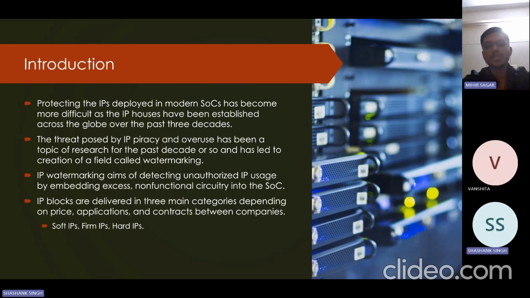Unlike soft IPs, hard IPs are optimized for a specific technology and are typically mapped to a particular semiconductor manufacturing process. A firm IP is a specialized design component used in creating electronic devices, and it falls between the flexibility of soft IPs and the specificity of hard IPs.